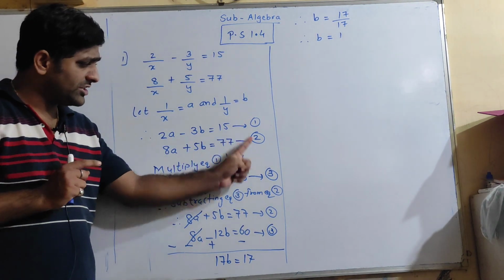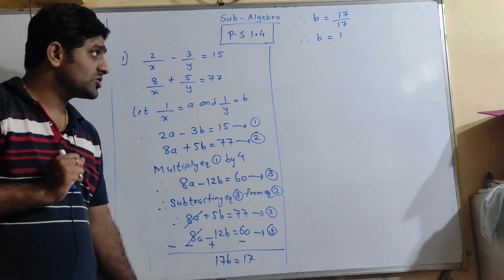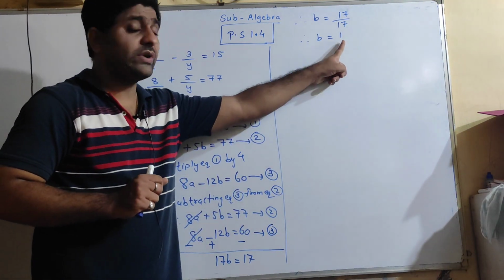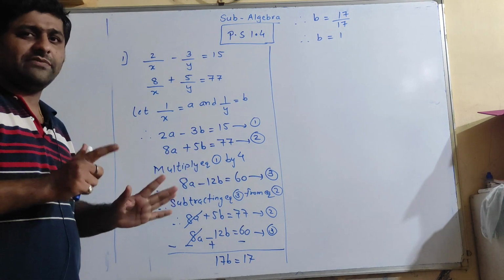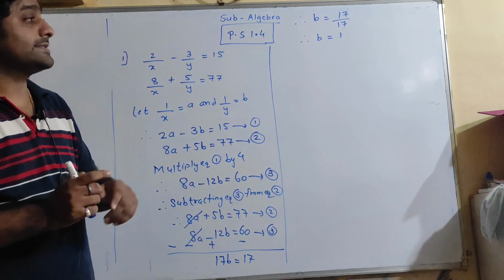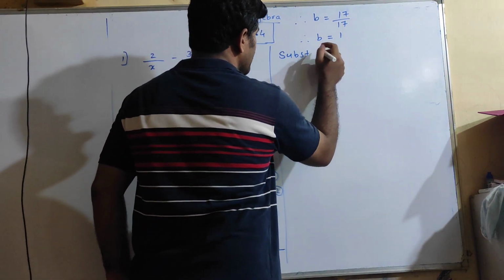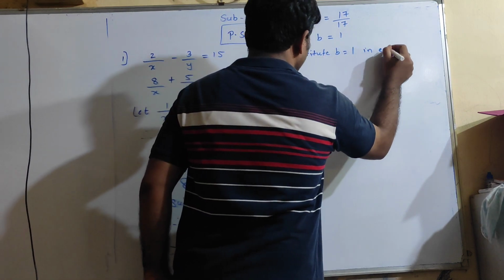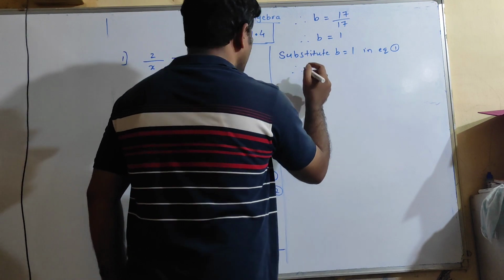We are going to substitute this value in the simplest equation. Is it clear, students? So we will substitute this value of b in equation number 1. According to me, equation number 1 is simple. So let us substitute b is equal to 1 in equation 1. Let's write down equation number 1.